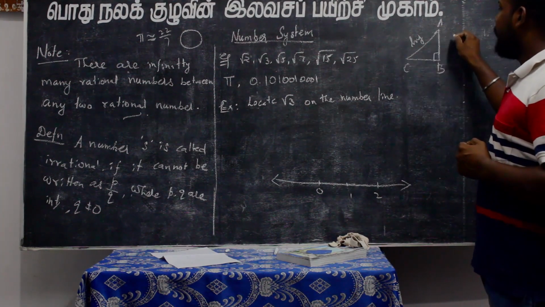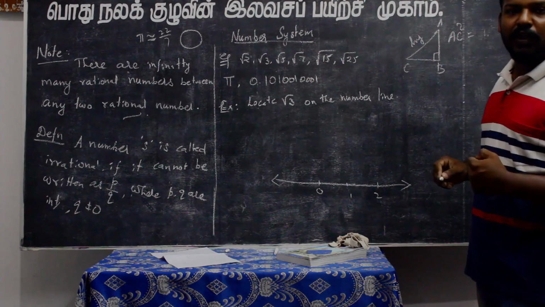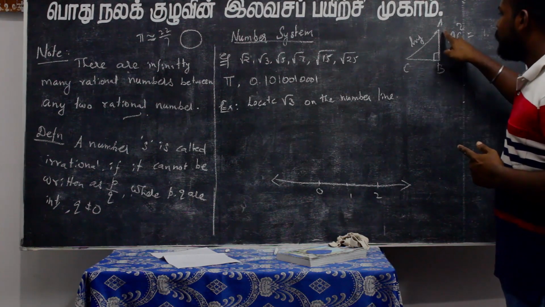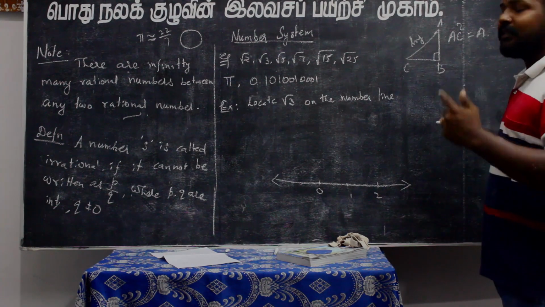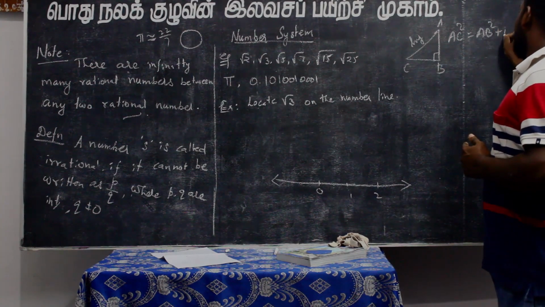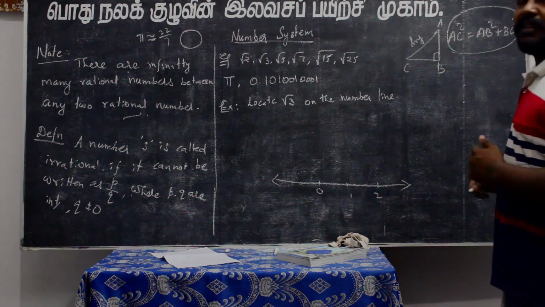Your hypotenuse is AC. So the hypotenuse square is equal to the sum of the squares of the other two sides, AB and BC. So AC square equals AB square plus BC square. This is the concept of the Pythagoras theorem.